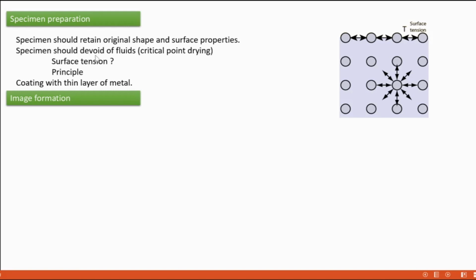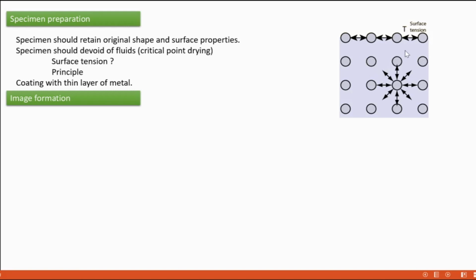For that we need to extract the fluids present inside the specimen. Normally, if we simply dehydrate it, it will damage its surface properties because of the surface tension of the fluid content present in the specimen.